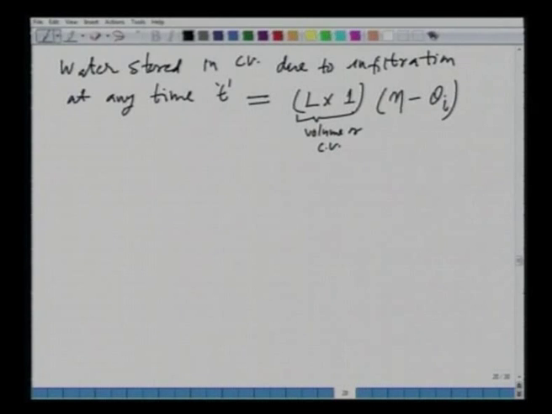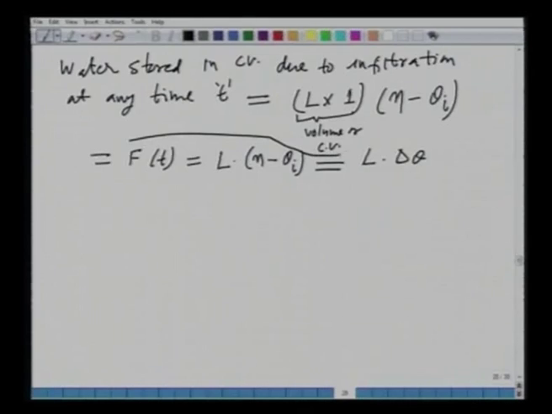If that is clear, then what will this be equal to? This is nothing but your cumulative infiltration at any given time, and that will be L times eta minus theta I. This is represented as L times delta theta. So this is my continuity equation.